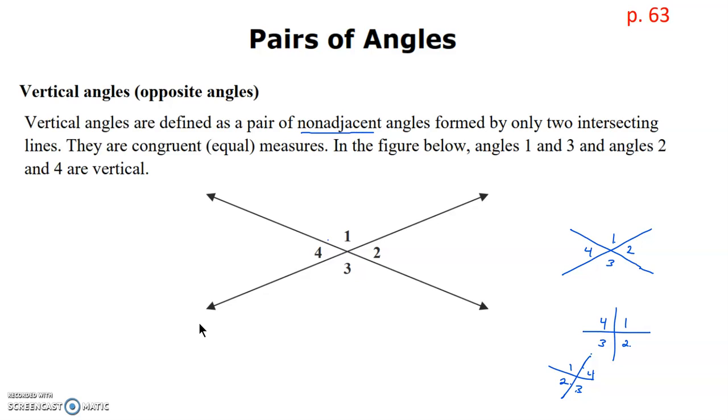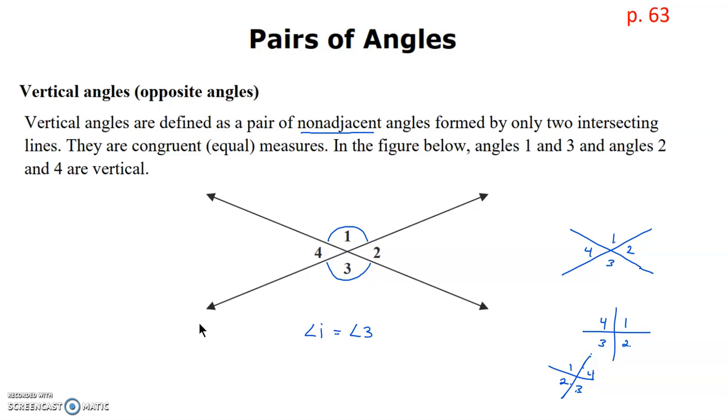So if you look at angle number 1, that is opposite to angle number 3. So they're not touching each other. There's space between them, right? There's angle 2 and angle 4 between them. But these are opposite and equal angles. So angle 1 is equal to angle 3.